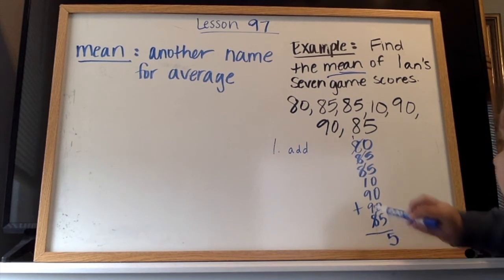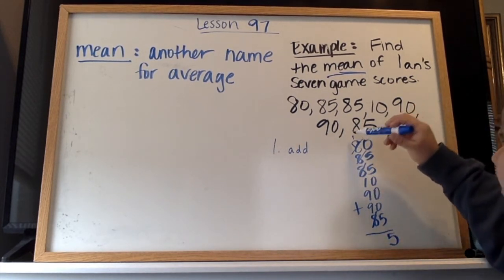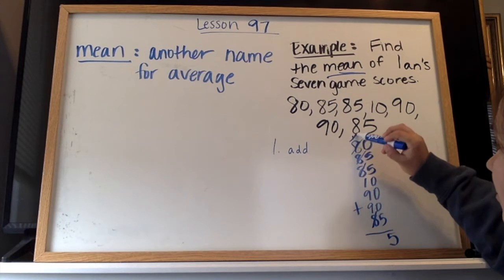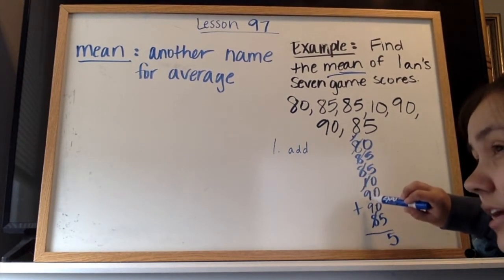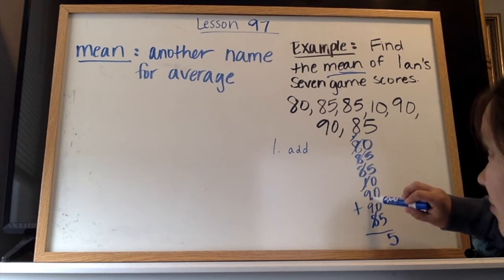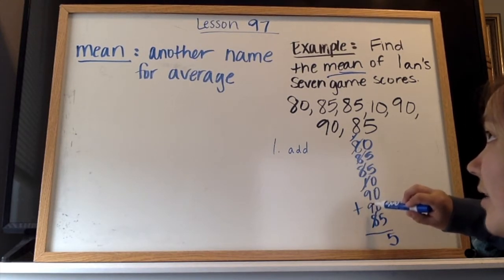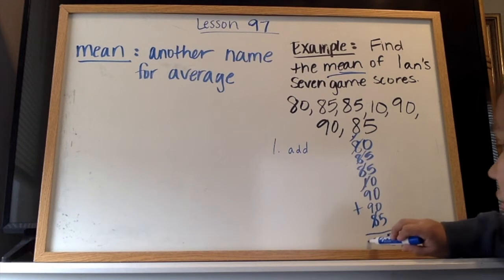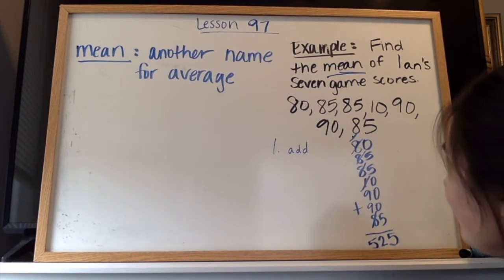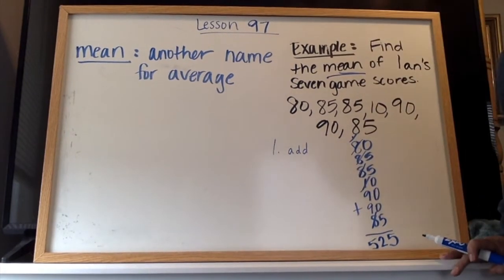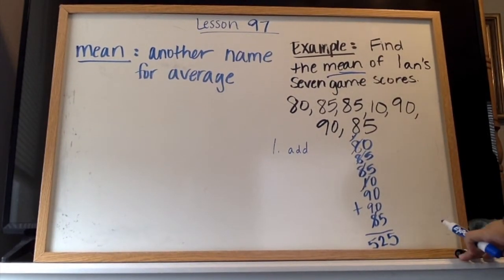And then I'm just going to go through at that 32, 33, 34. Now plus 9 would be 43. Plus another 9 would be 52. Okay, so my total right now is 525.